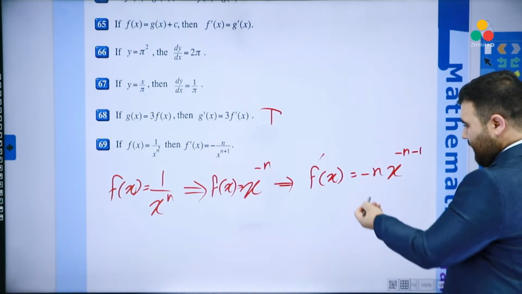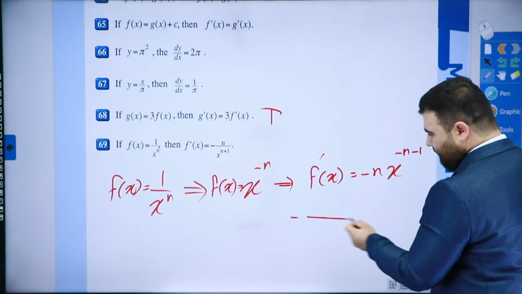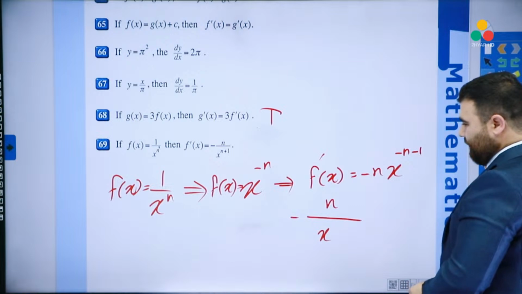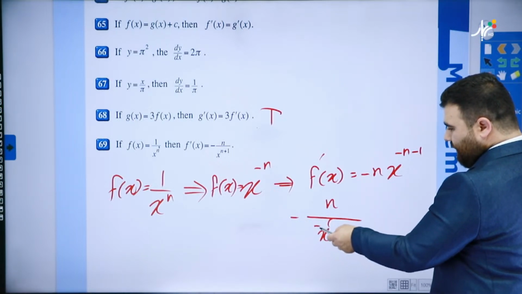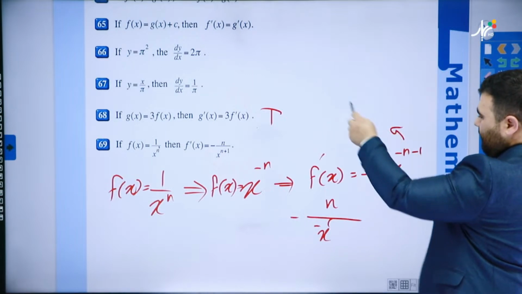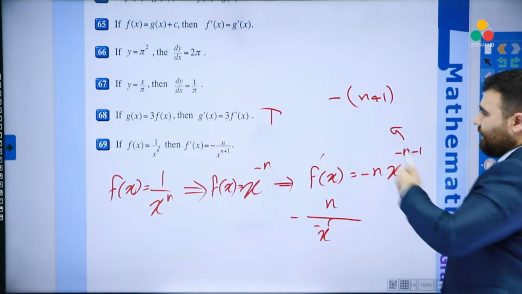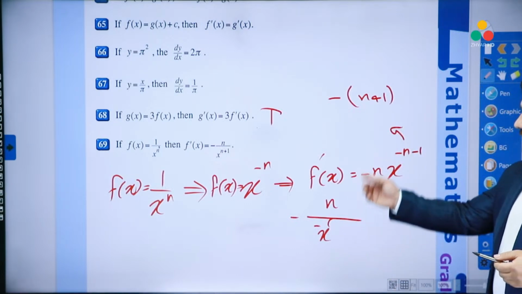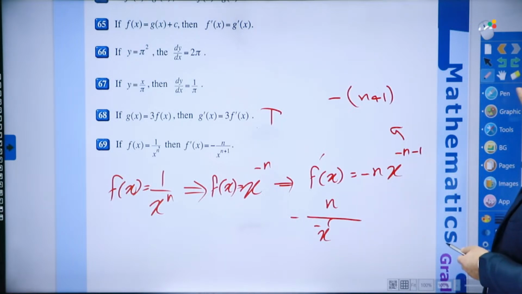Let's continue. This negative n has no problem. It stays up, negative n, x power negative. The negative will go away. So I can take one negative as a common factor here. It will be negative n plus 1. When the term goes down, the negative will be cancelled.